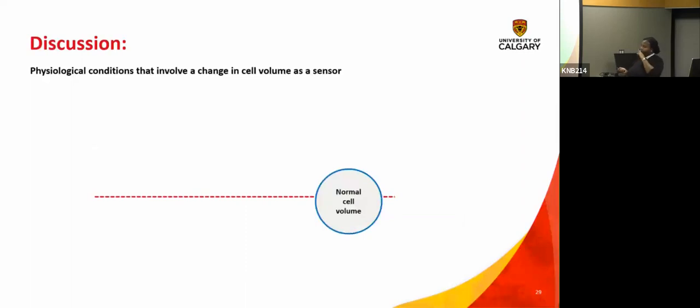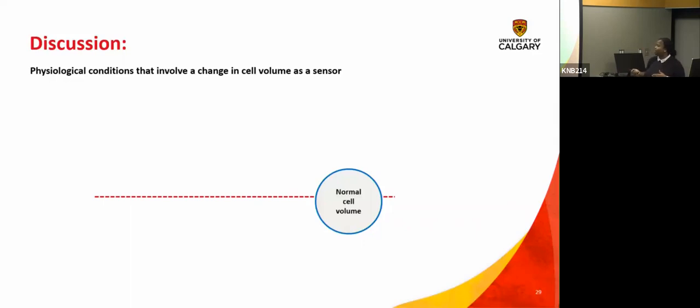Okay, so now talking about physiological conditions that involve a change in cell volume as a sensor. In the beginning, I had spoken about how these mechanical signals are transduced to biological signals. And it's been shown that, most importantly, it is the changes in the shape and volume that contribute to us seeing these biological processes.